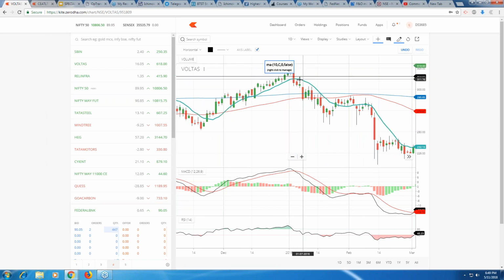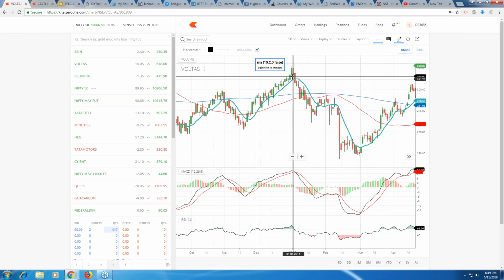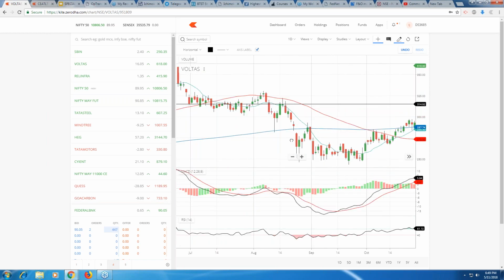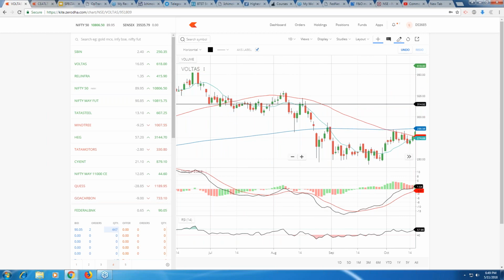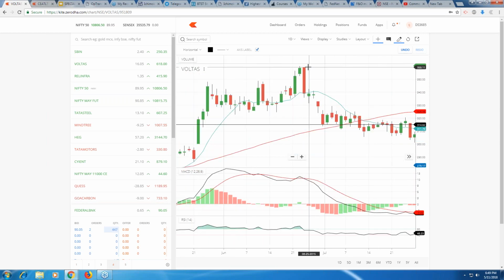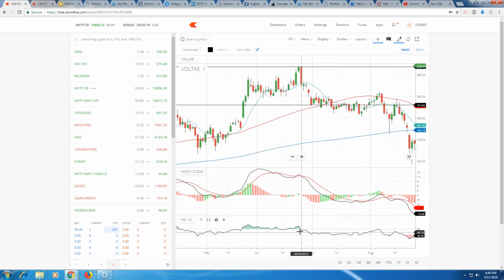This is a bearish harami, MACD crossover, RSI crossover, and see the beautiful fall, right? If you recognize such patterns and you trade in them, you can mint money without any emotional involvement, right?